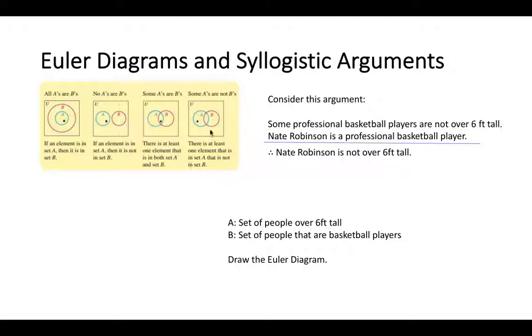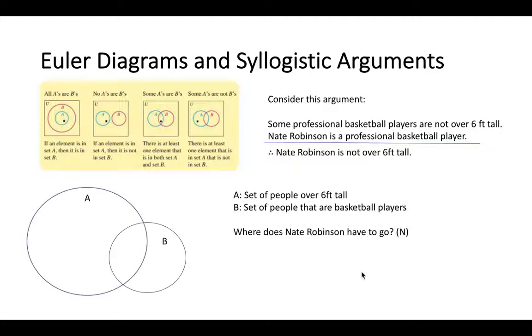Which of these diagrams should I use? I should use the diagram with overlapping circles. Some professional basketball players are not over 6 feet tall. Here's the professional basketball players. Here's the people over 6 feet tall. Where does Nate go? Nate is a professional basketball player.